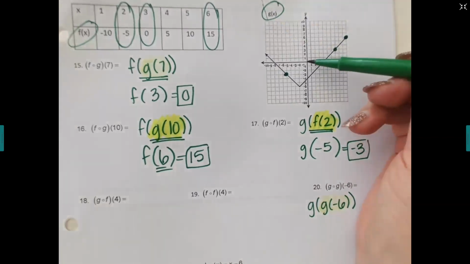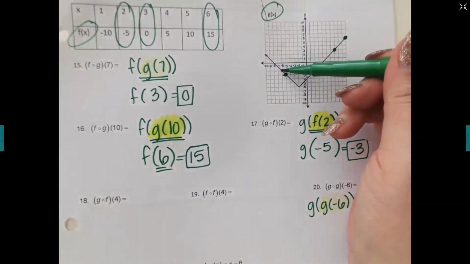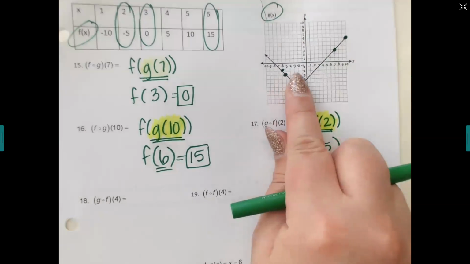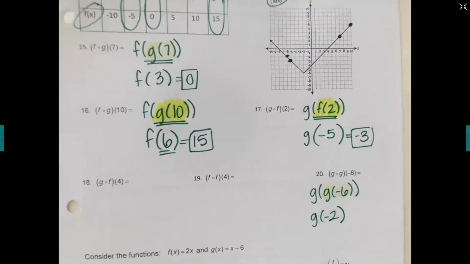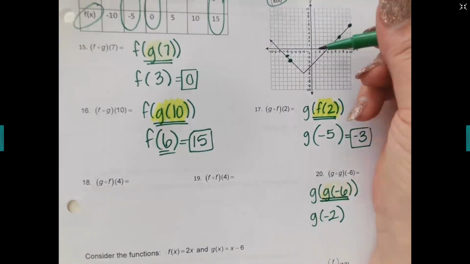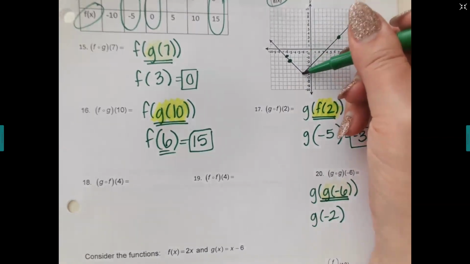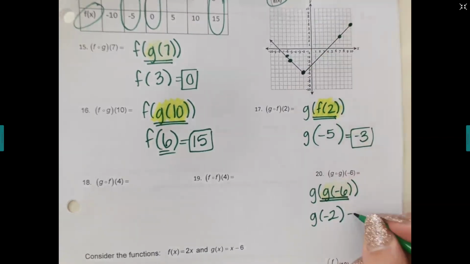So -6, it looks like, is over here. My Y value is -2. But then I'm going to plug that into G again. So then I'd come up here to -2 and see that my Y value is down here at -6.